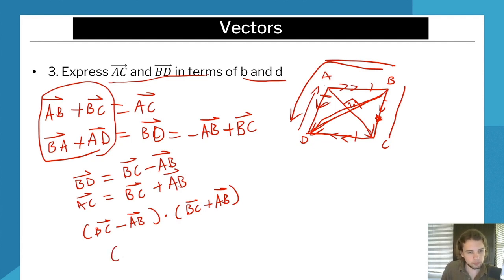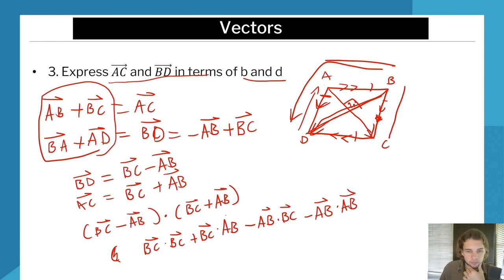We'll expand everything into B to C dot B to C, and then positive B to C dot A to B, negative A to B dot B to C, negative A to B dot A to B.